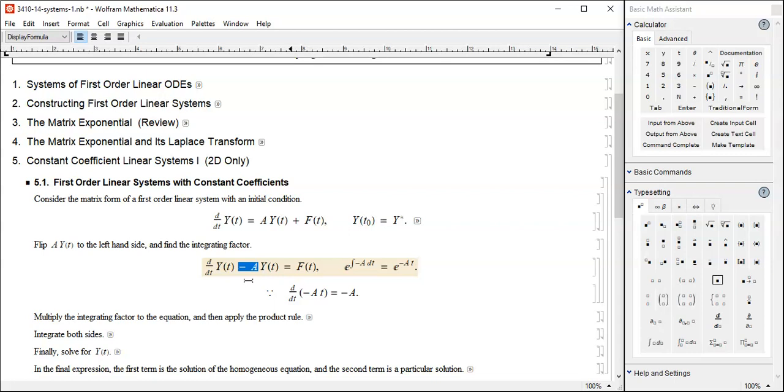In this particular case, the coefficient function is just a constant function, negative A, where A is a square matrix. So the antiderivative is negative At, and the exponential is the matrix exponential e to the negative At. So that's the integrating factor. I just highlighted it in green.